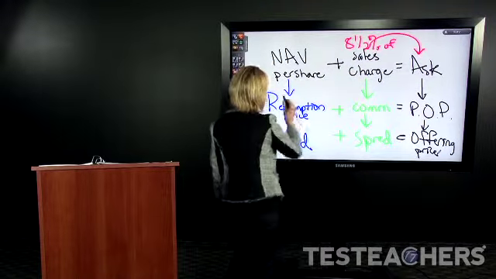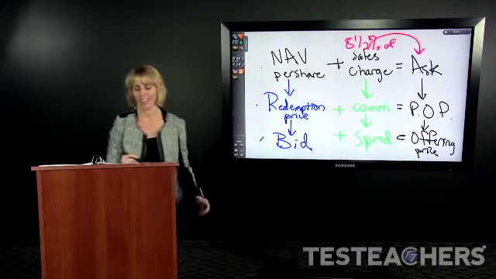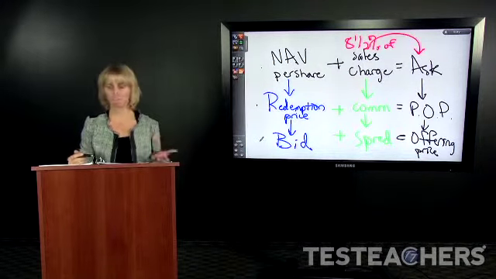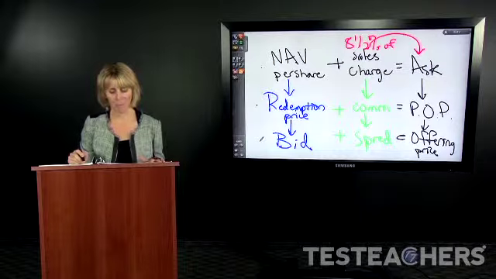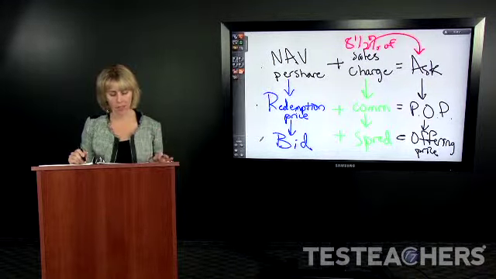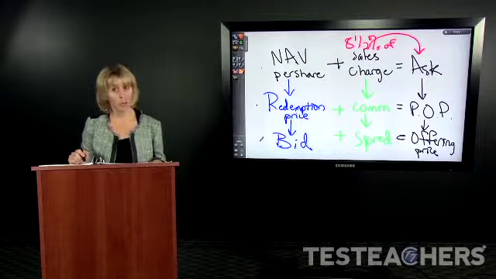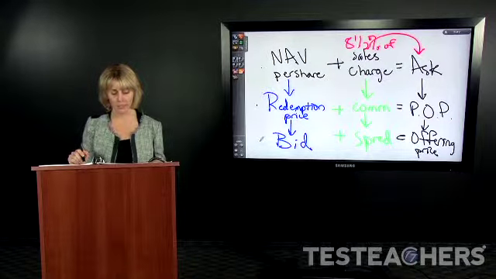When you redeem, you get the least: NAV per share, redemption price, or bid. Bid plus sales charge equals the ask. Most it can be is 8.5% of the ask. So the sales load is a percentage of the public offering price, not a percentage of the NAV.